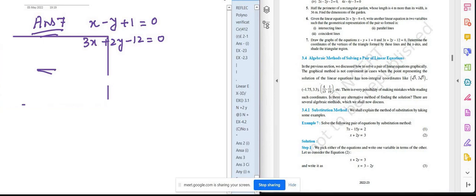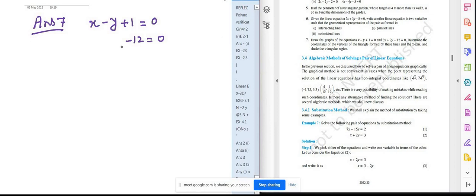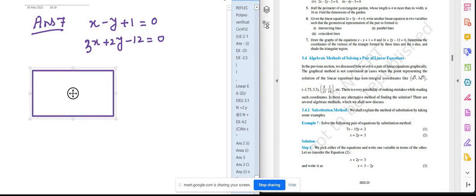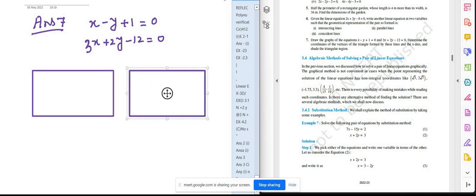The second equation was 3x plus 2y minus 12 equals 0. Now I'm making a box for the first and one more box for the second.